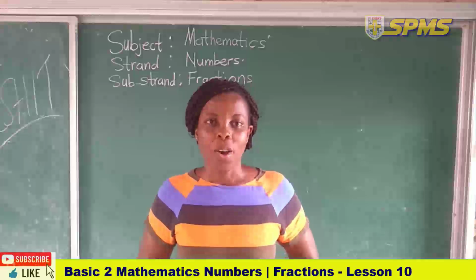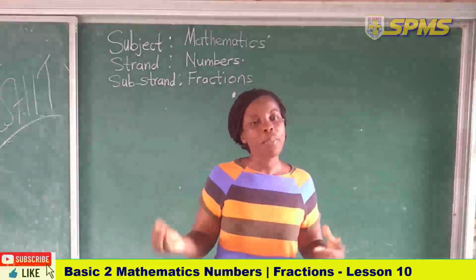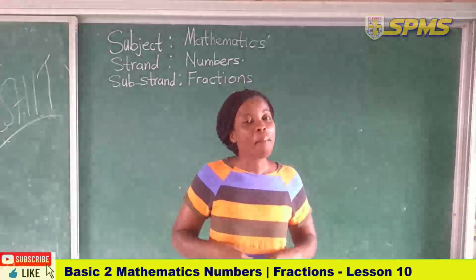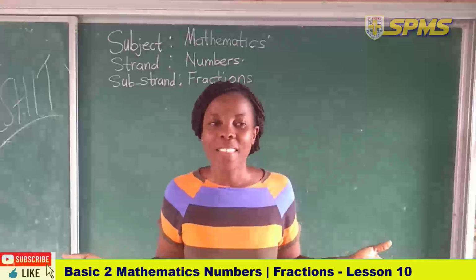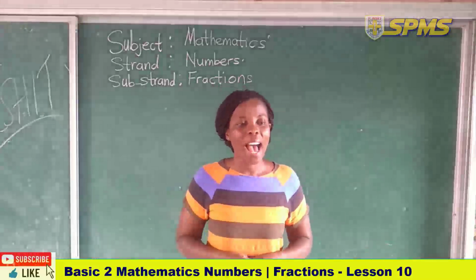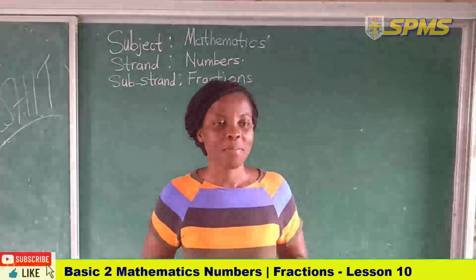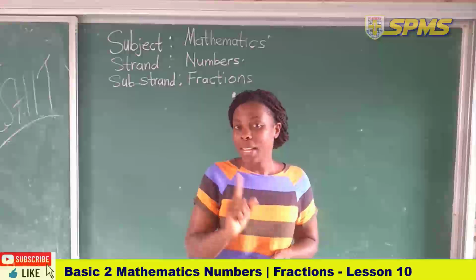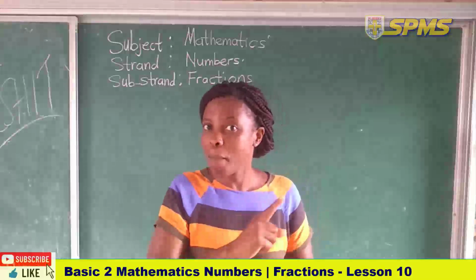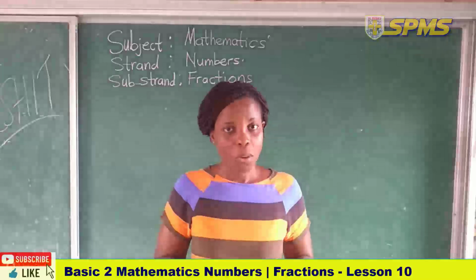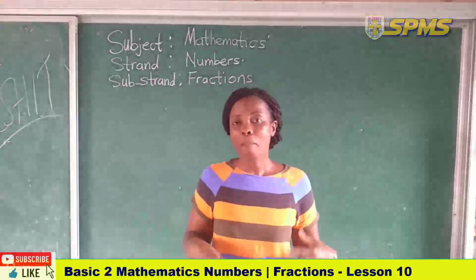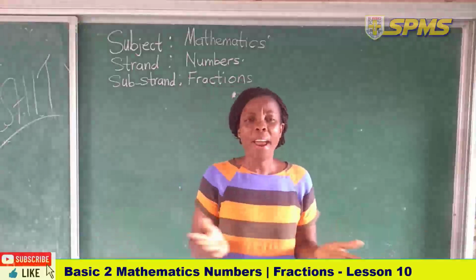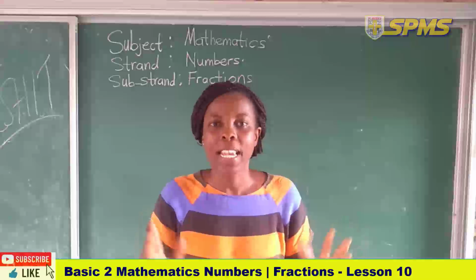Fractions. We can get fractions from a whole object. There are many objects around us that we can see as a whole. You can have an orange whole. That means the orange has not been cut into any piece. You can have mango, apple, pawpaw, bread, different objects, in a whole.